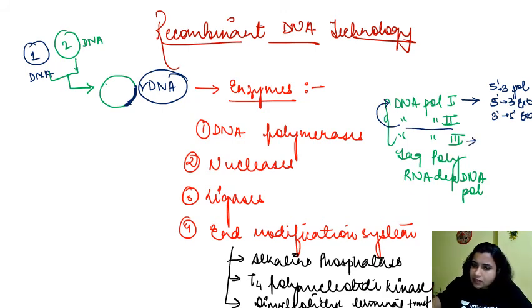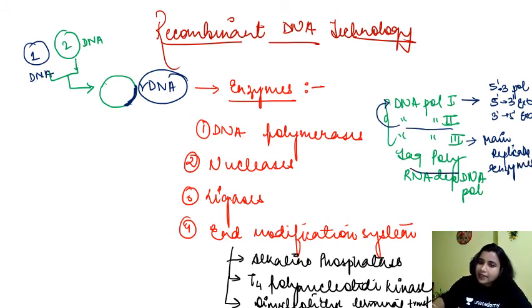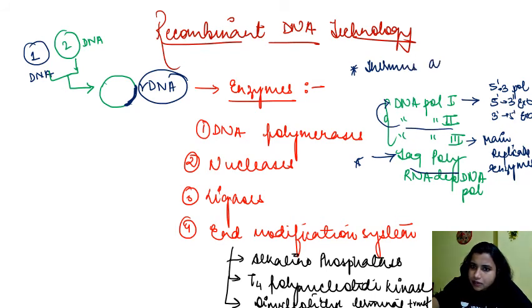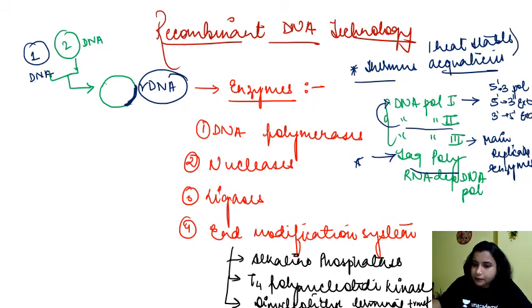DNA polymerase 3 is the main replicating enzyme, right? Taq DNA polymerase is obtained from the bacterium Thermus aquaticus, which is very heat stable. That is all about your DNA polymerases.